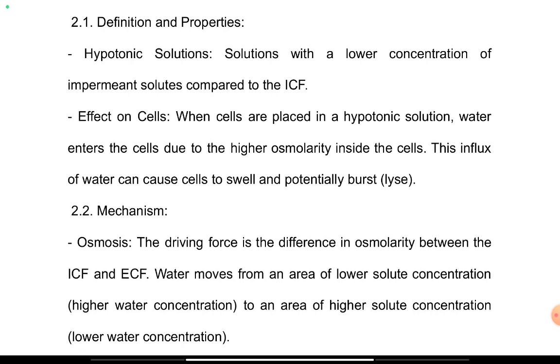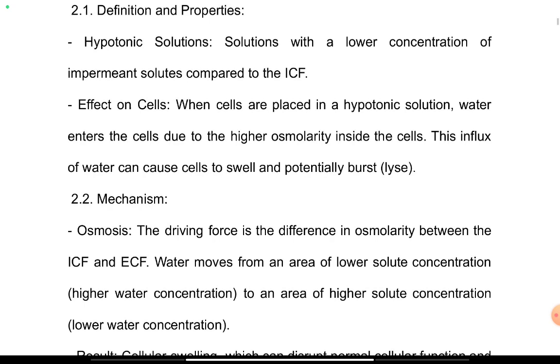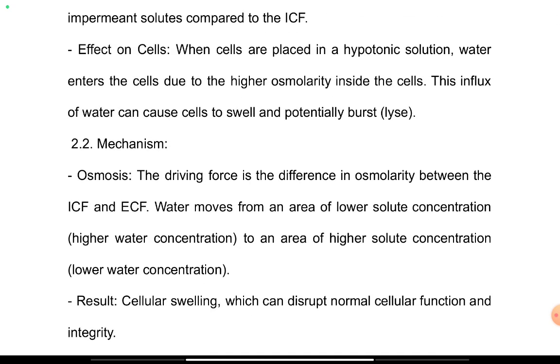Water will move from an area of lesser solute concentration to an area of what? Higher solute concentration, inside the cell. There's relatively higher solute concentration inside the cell, which is about 300, and hypotonic is about 250 or even less than 200 milliosmol. So what do you expect? The cell will swell, and the end result will be that the cell is going to burst.